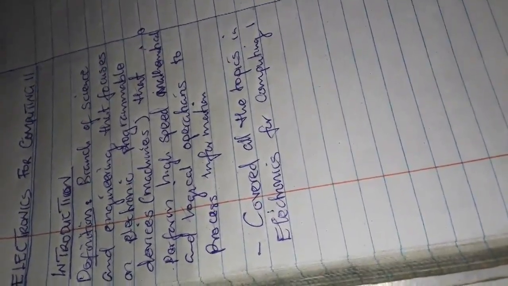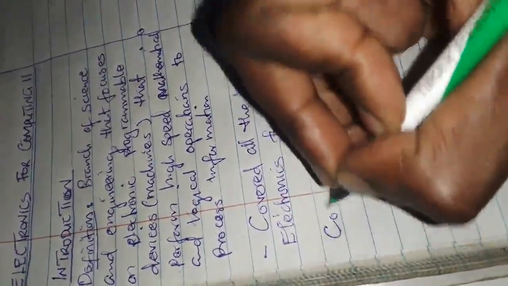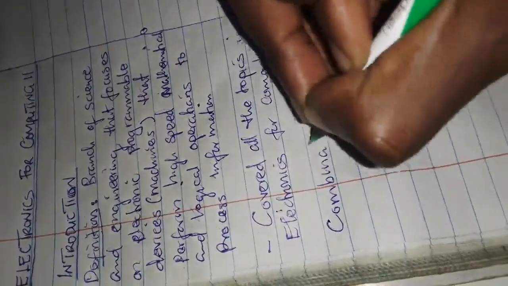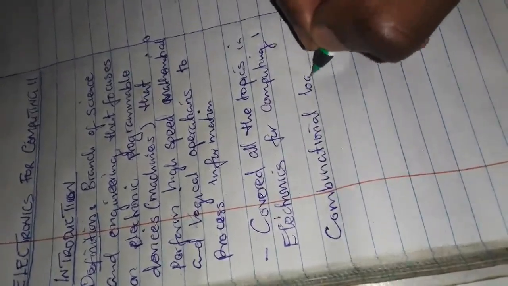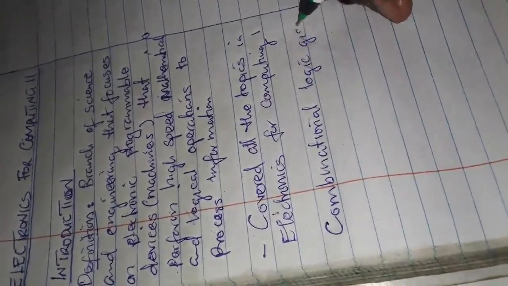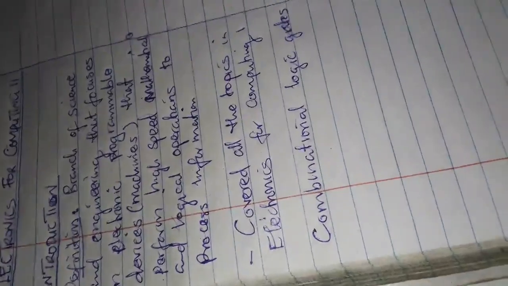So what is it that we're going to be looking at in Electronics for Computing 2? It's going to focus on combinational logic gates and circuits.